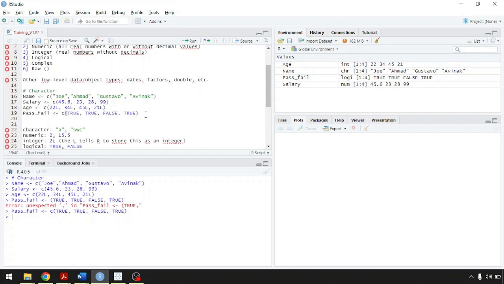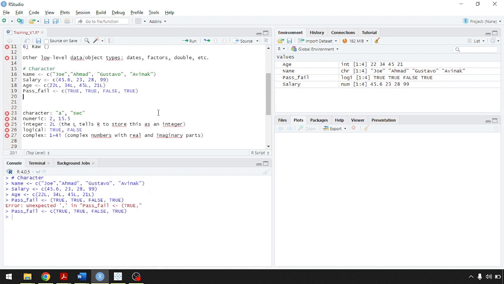And the fifth one is complex data, and these are the complex variables. I'll just put complex for right now. These are real numbers with imaginary parts. I won't get into a lot of details about this, but there will be times where you will be using imaginary parts as part of the data analysis that you're doing, especially when you get involved in advanced data science.